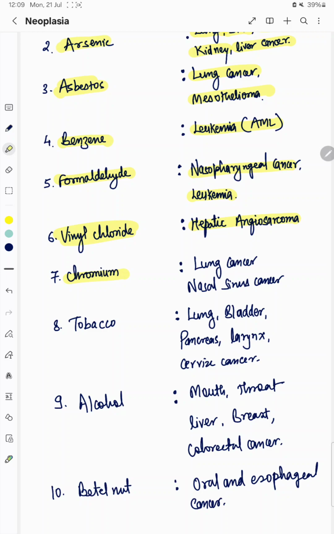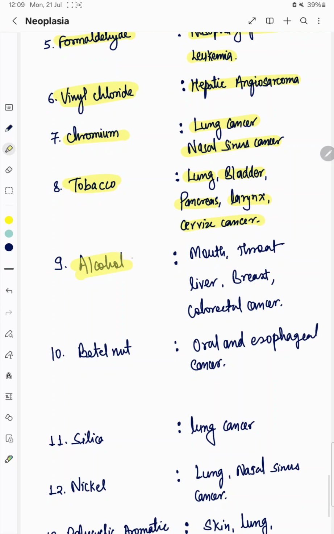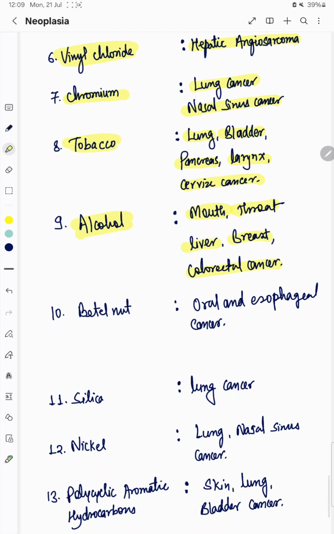Exposure to chromium may lead to lung cancer and nasal sinus cancer. Tobacco consumption may result in lung cancer, bladder cancer, pancreatic cancer, larynx cancer and cervical cancer. Chronic consumption of alcohol may result in cancer of the oral cavity, throat, liver, breast and colorectal cancer.